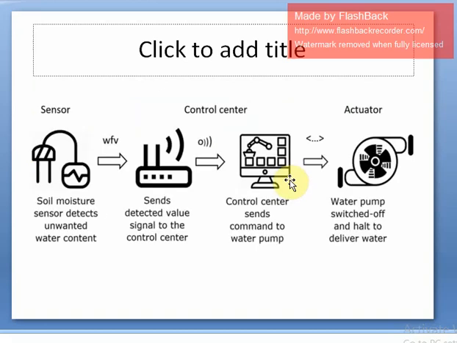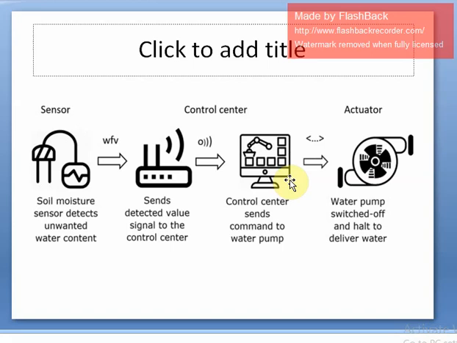Next we will see examples of sensors and actuators of IoT, that is, the principles behind it. Right, here I have used one of the sensors, that is the soil moisture sensor.